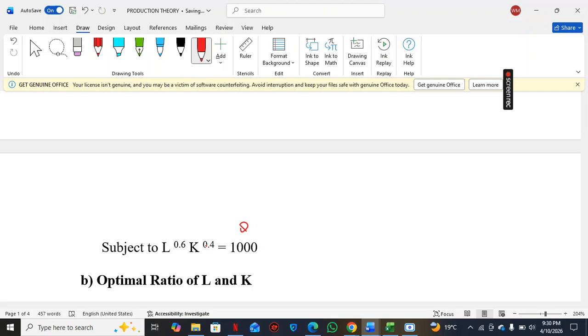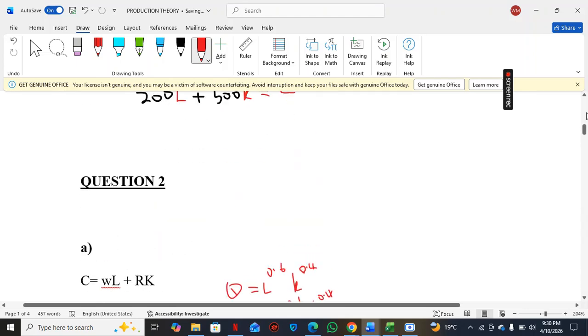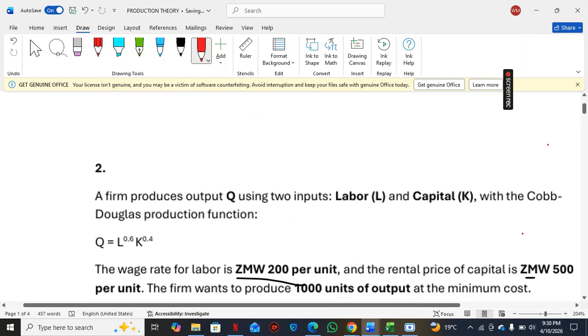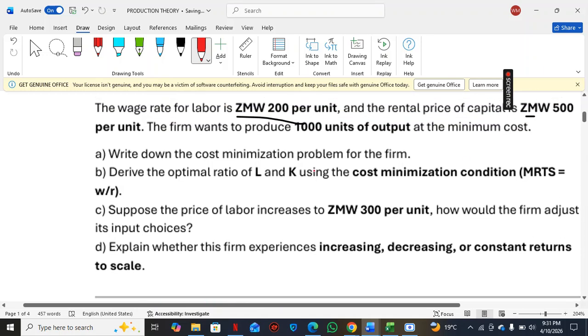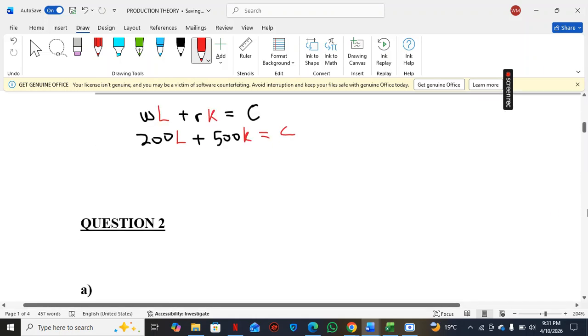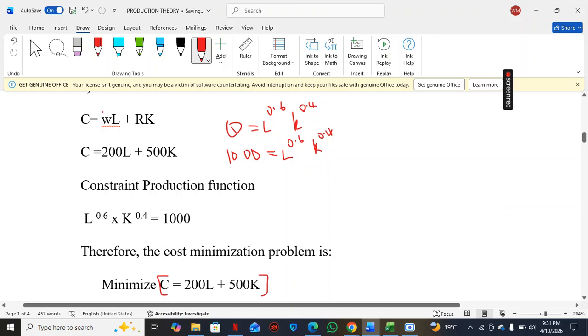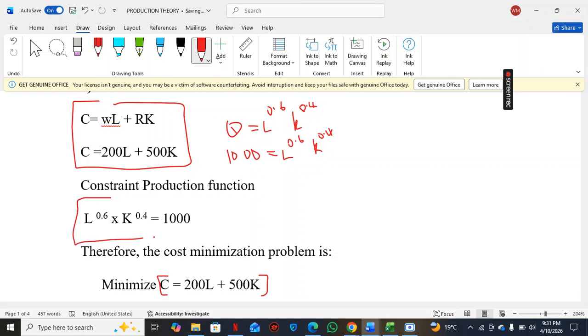Any questions? So that's what you need to do when they ask you for this cost minimization problem. You just write this function, subject to the production function.